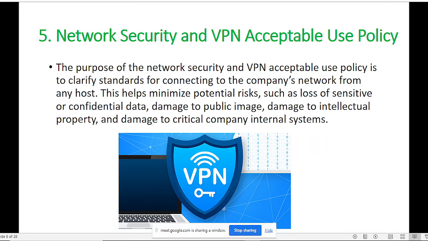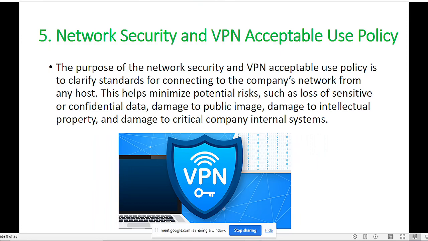So we need to ensure that everyone who is accessing our intranet uses the established VPN for data transfer, so that our confidential information is not leaked, or someone doesn't get access to vital information.